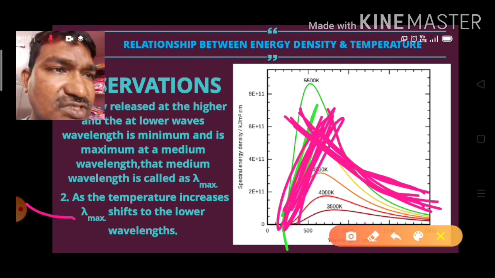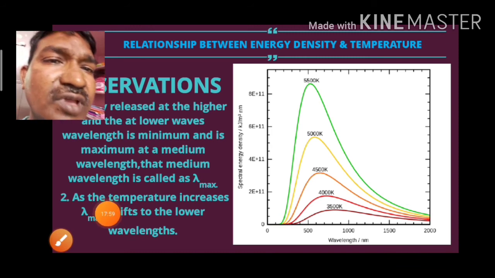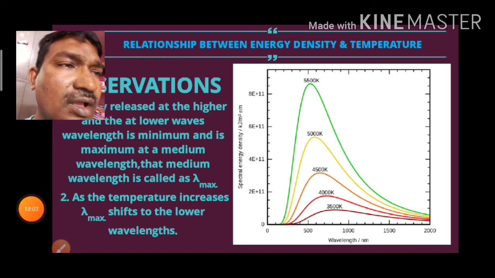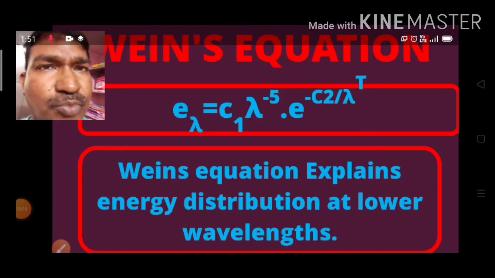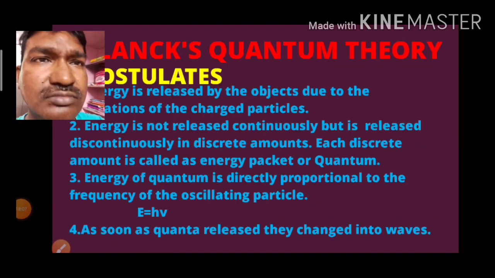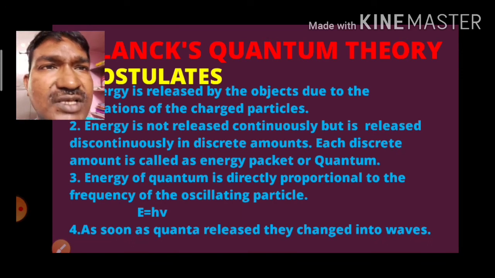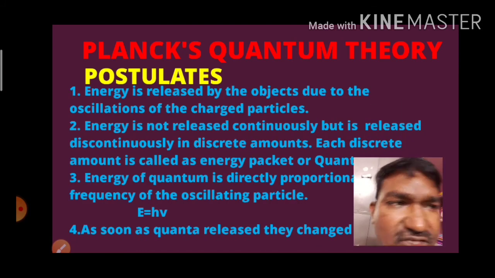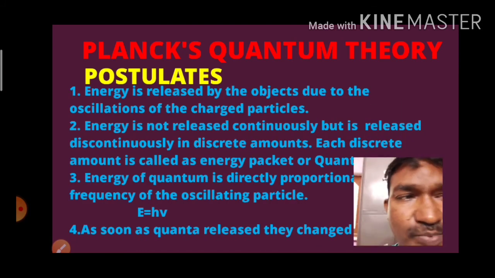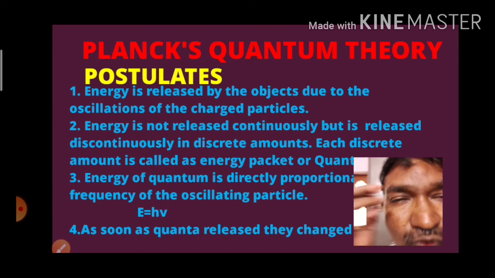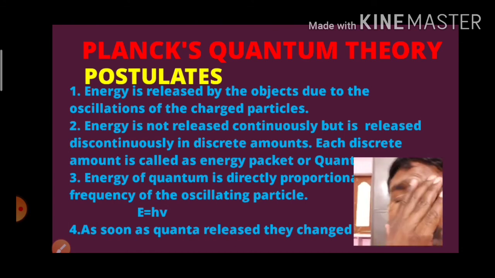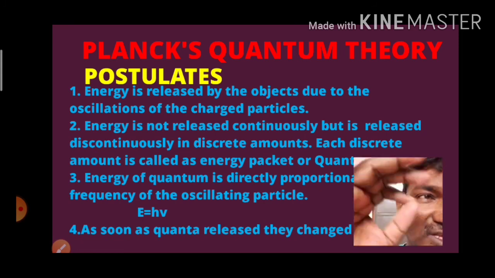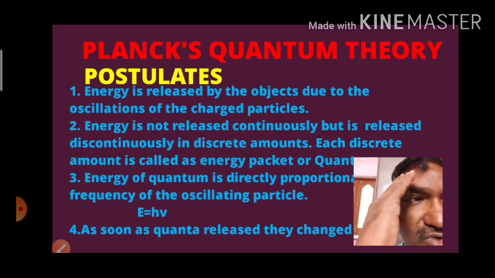That's why Planck proposed a new theory, which is known as the Planck's quantum theory, and with the help of this quantum theory he was able to reproduce these graphs on a mathematical background.